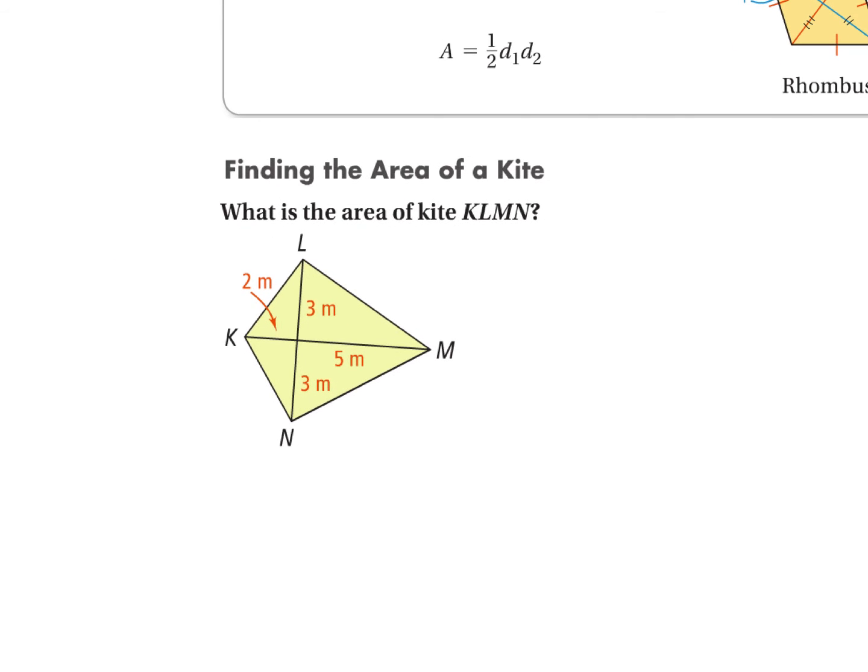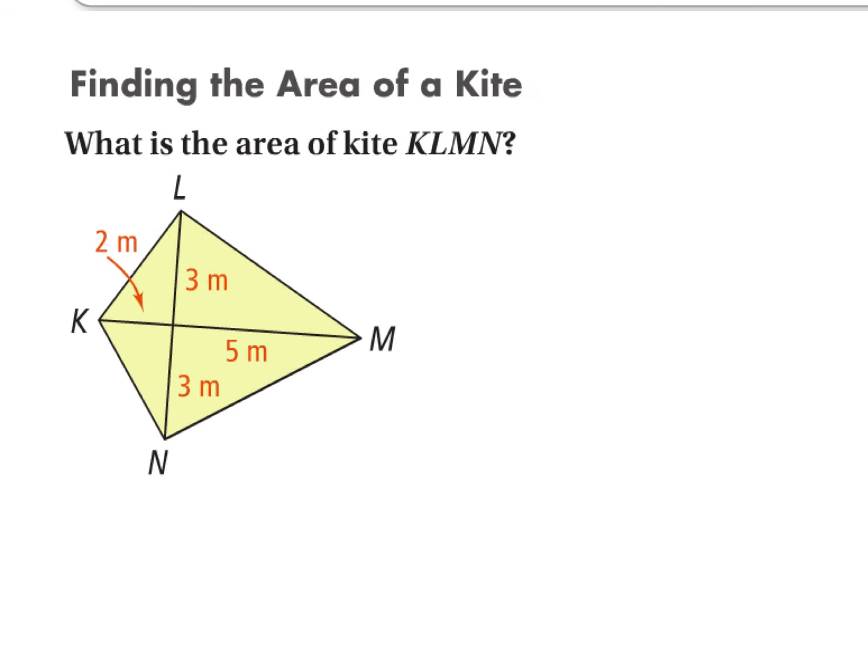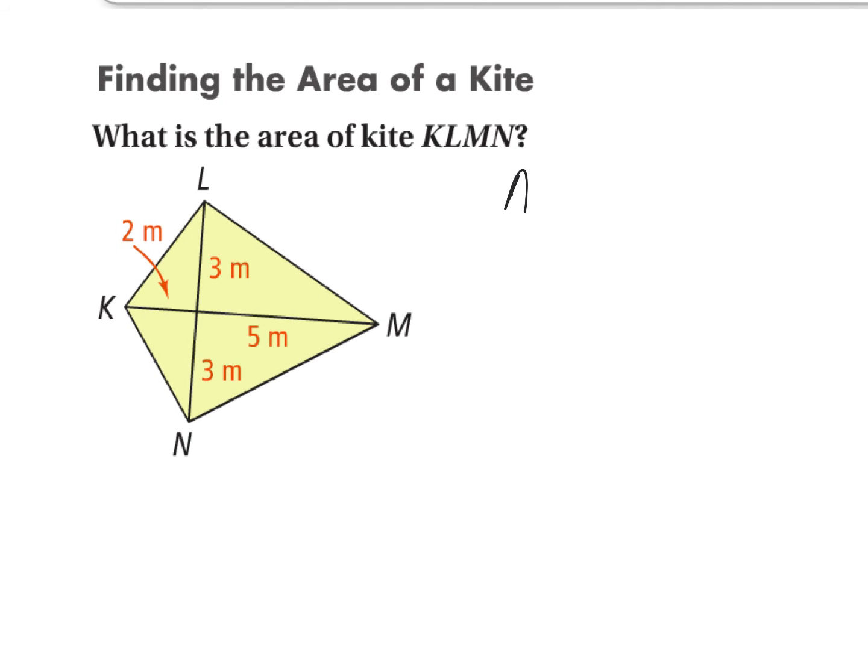So what is the area of the kite KLMN? We've got our formula. Area equals 1/2 times D1 times D2. I am going to make D1 be this amount right here. So what would that be?